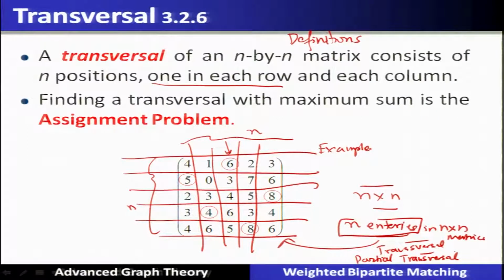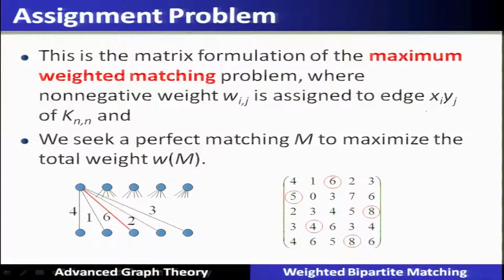So, finding a transversal with a maximum sum is nothing but an assignment problem. This is the matrix formulation of a maximum weighted bipartite matching, where the non-negative weights Wij are assigned to the edges of the complete bipartite graph Knn, and this will formulate the assignment problem.